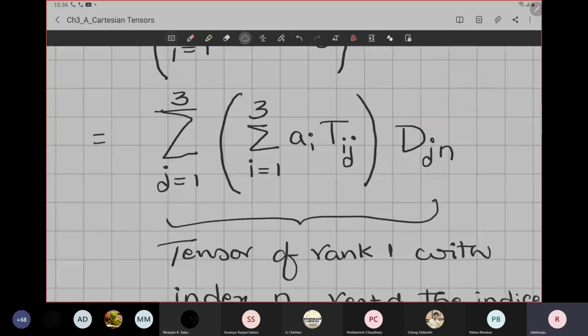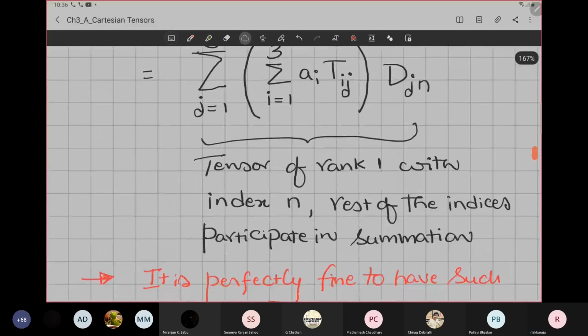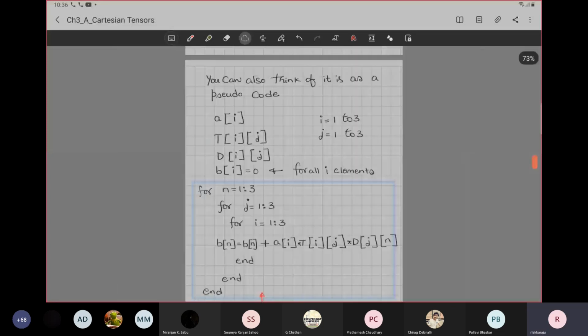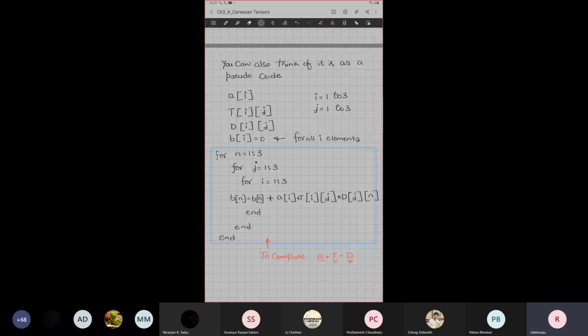Now let us move on to the next step. So it is perfectly fine to have such a product, A dot T dotting with D. Just to give you a feeling, if I were to write this entire summation notation in terms of computer language, basically A is A_i, where I equal to 1 to 3: A1, A2, A3.